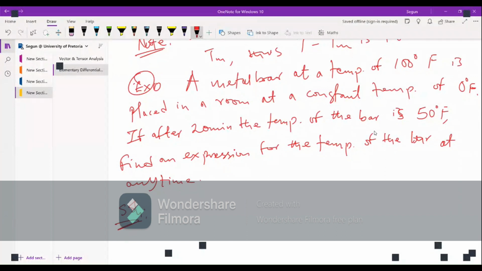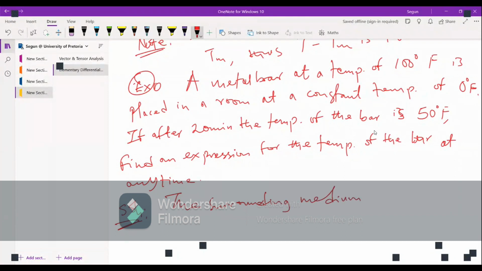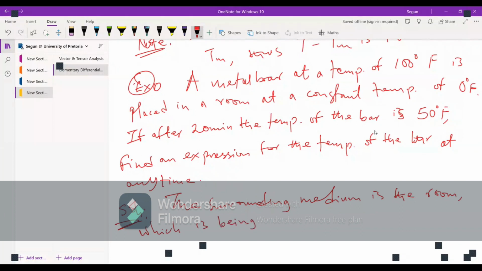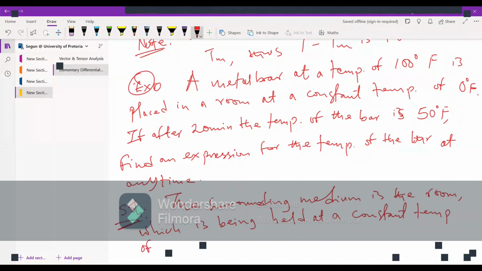In this case, the medium is the room, which is being held at a constant temperature of 0 degrees Fahrenheit.